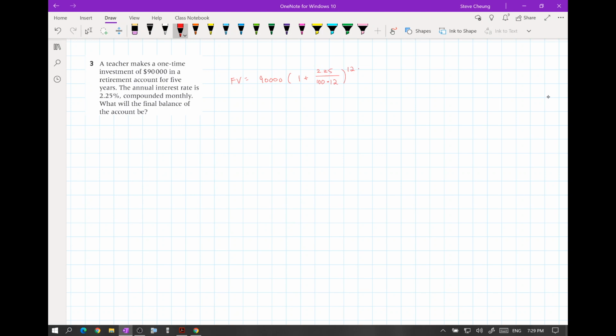So therefore there will be 12 times 5 months. And then you just put that in the calculator. You can also use the TVM solver, but I'm going to demonstrate everything by hand. This will be what it's worth. Units is dollars, so put a dollar sign in the front.